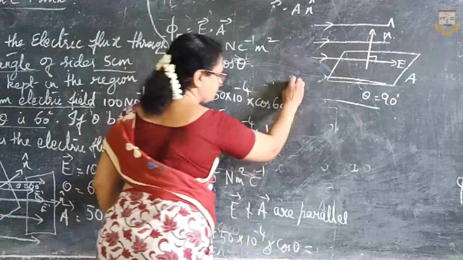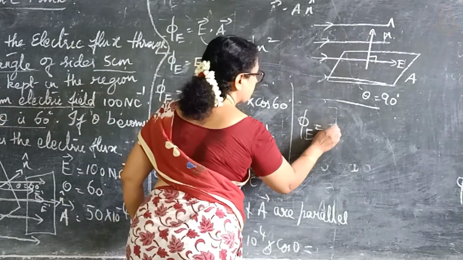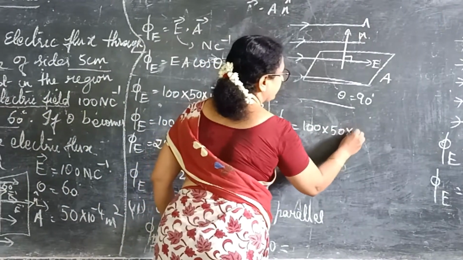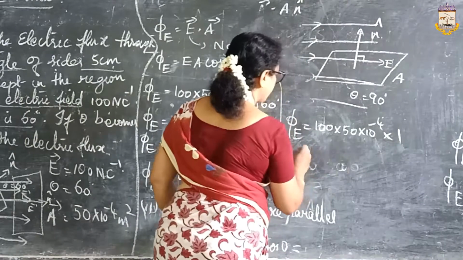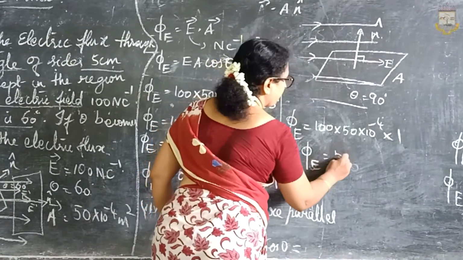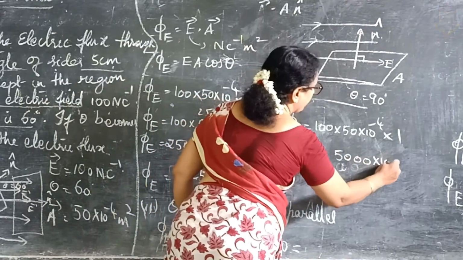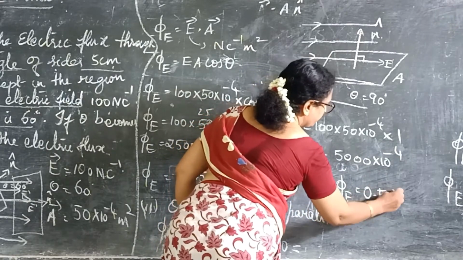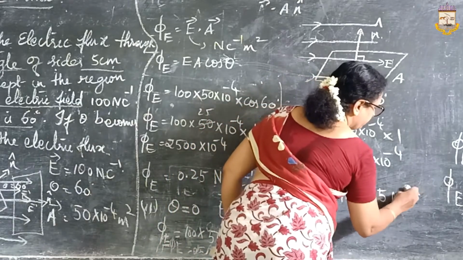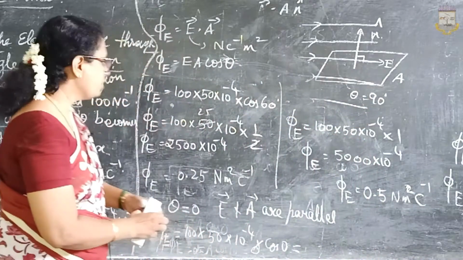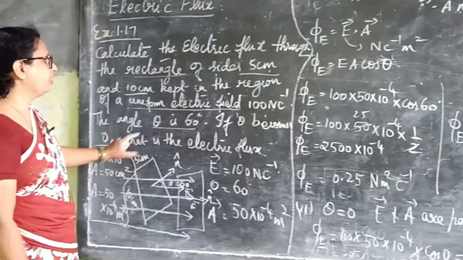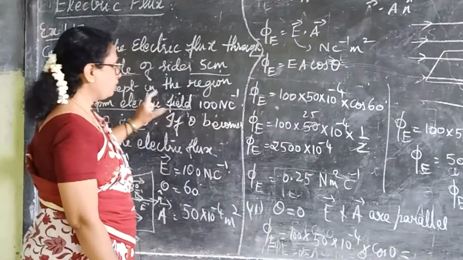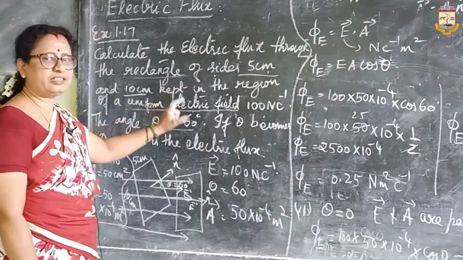So phi E is equal to 100 into 50 into 10 power minus 4 into cos 0, which is 1. So you will have 5000 into 10 power minus 4, which is 0.5 Newton meter square coulomb power minus 1. So in this problem we have used the formula phi E is equal to EA cos theta. So this is regarding electric flux.